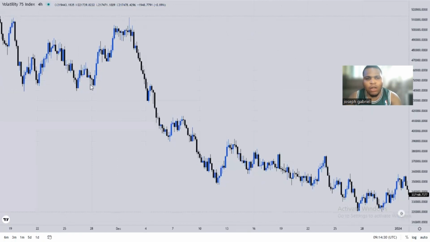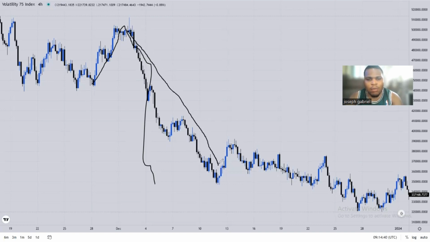You can see a sloping market pushing down, made a pullback, pushed down again, made a pullback and pushed down again, and now you can see that the market is going down.